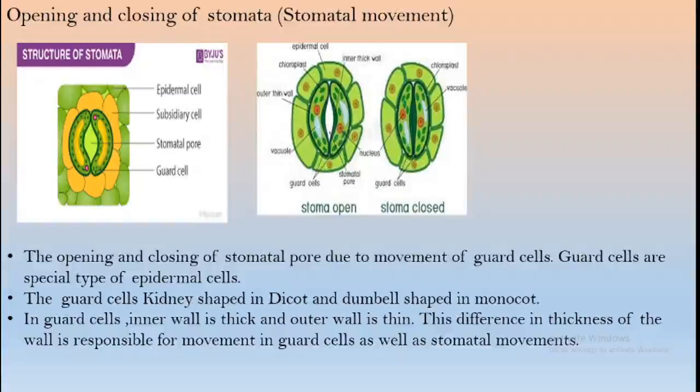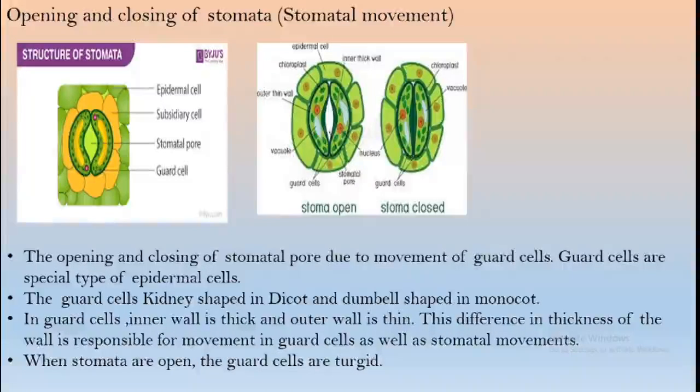In normal epidermal cells, all walls are of uniform thickness, while in guard cells, the inner walls are thick and the outer wall is thin. This difference in the thickness of wall is responsible for the movement of guard cells as well as for stomatal movement.